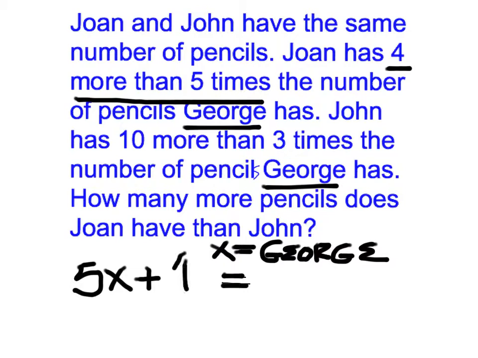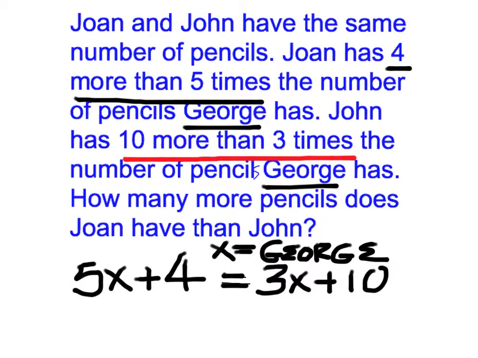Then John has 10 more than 3 times the number of pencils George has. What's 3 times George? 3x. And what's 10 more than 3x? Plus 10. So 3x plus 10.